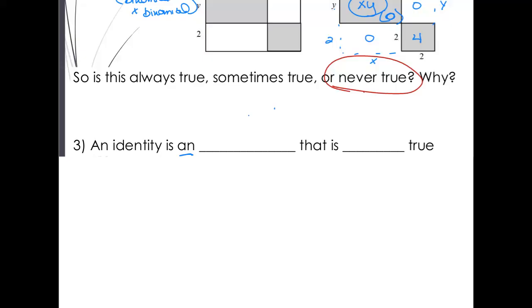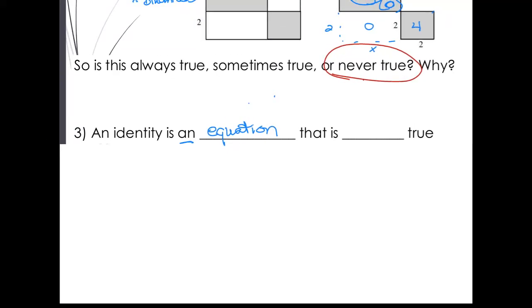So an identity is an, what are we talking about? In general, equations. So an identity is an equation that is blank true. What do you think? Always true.